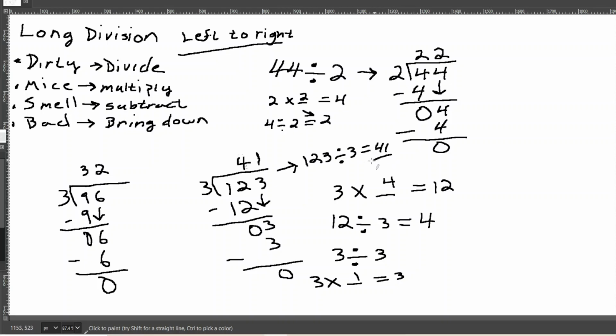You better get the answer that you found in your long division. Now, don't use the calculator to cheat. It's a tool, it's meant to help you. So these are the things that can be helpful when we're practicing hard stuff.